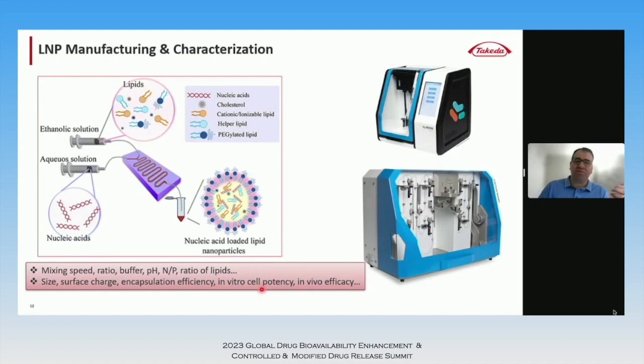So what is important about LNP formulation? The mixing speed, the buffer, the ratio of your lipids to the cargo, they all affect your formulation parameters and they need to be optimized. So once we make the LNPs, then we look at size, surface charge, encapsulation efficiency.